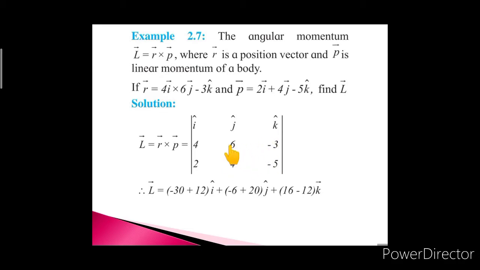So here we write 6 into minus 5 which is minus 30. Then minus sign we put over there. 4 into minus 3 which is minus 12. So this minus 12 with the minus sign becomes plus 12. Hence in a bracket we write minus 30 plus 12 into i cap.